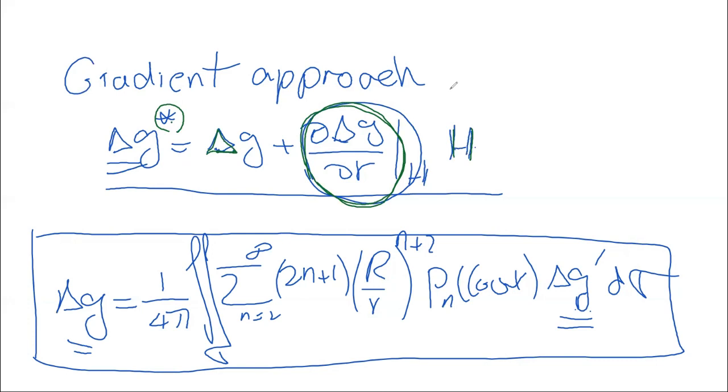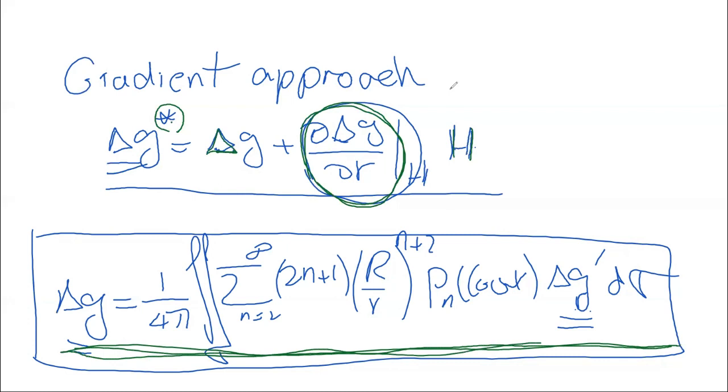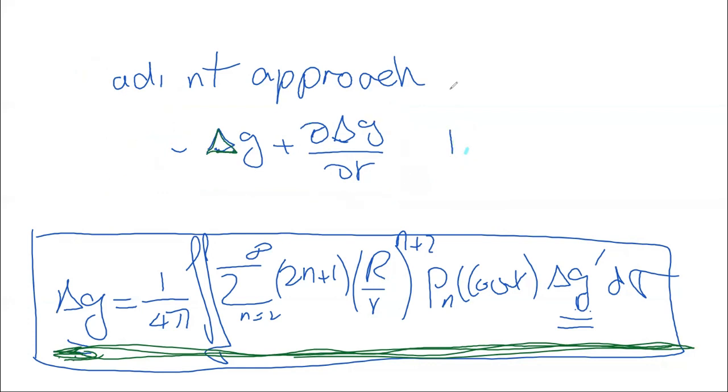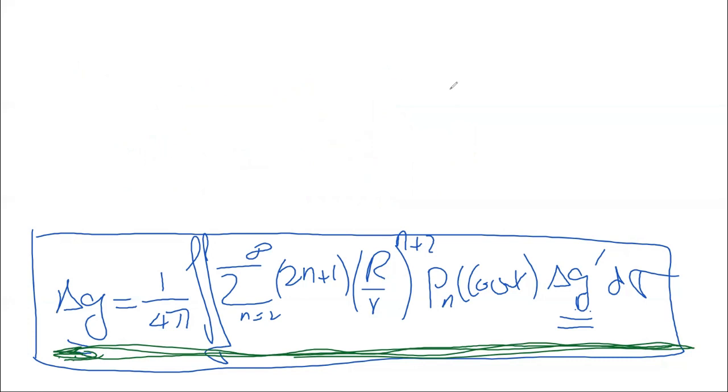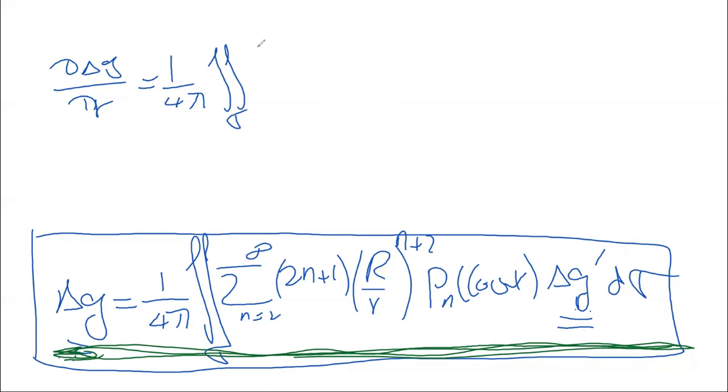So what do I do? I take the radial derivative with respect to r of this function, simply. So how do we do that? Okay, I will write. The derivative of this will be 1 over 4 pi, summation.